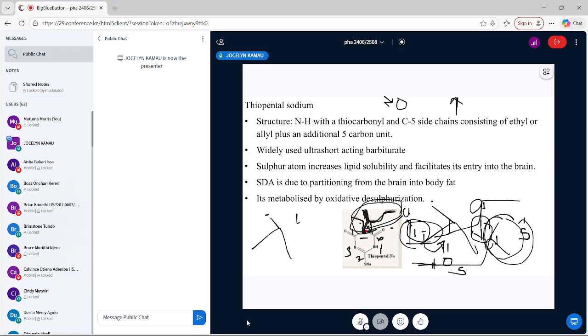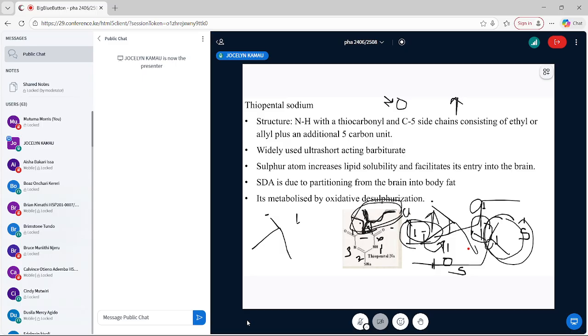And that tells us why, in thiopental sodium, the branching is done where it is done. It is not just done for no reason. The branching is done near carbon number 5 to further increase lipid solubility, and the branching will increase lipid solubility when it is much closer to position 5 than when it is further from position 5.